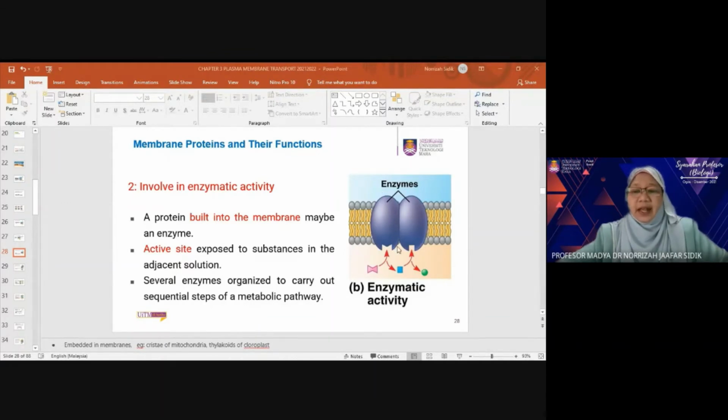The active site has a very specific size and shape suited to bind to a particular substrate. The active site is exposed to the substance in the adjacent solution, so the substrate will bind to the active site here.